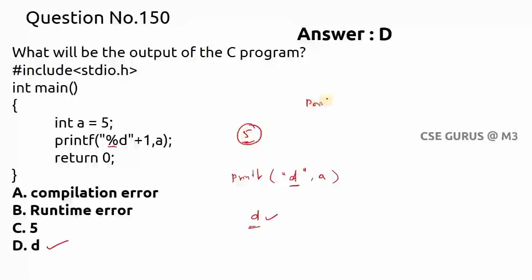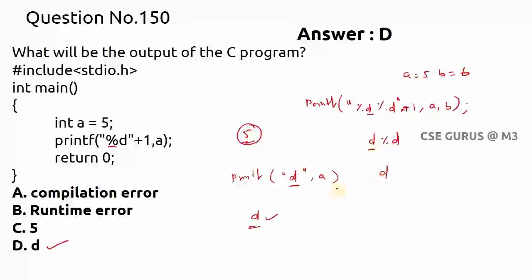Let us suppose if I write like this. We'll take one more example also. Printf percentile D, then I'll write 1 again, comma, and some values like a comma b, where the a value is 5 and the b value is 6. Now what will be the output? I have written +1, so it starts from here. So D, percentile D. What is D?